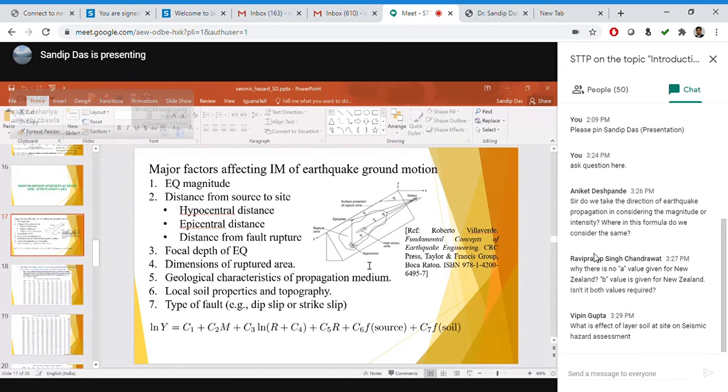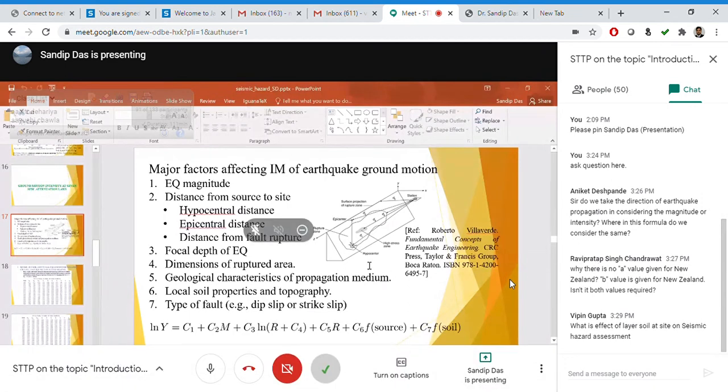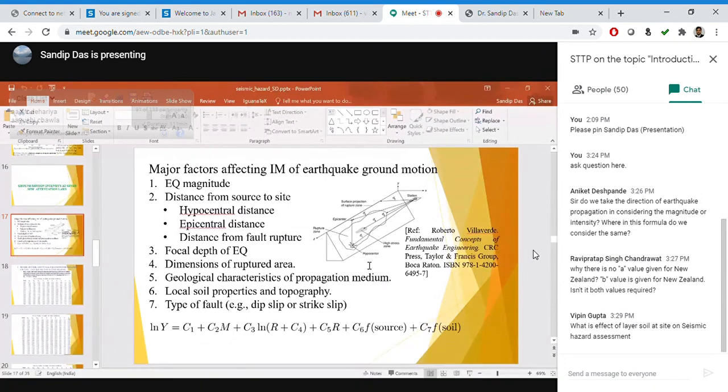So, if your site is seismically much less active, and you will not find a good number of causative events statistically within 400 kilometers in your historical data, then you are not going to get a proper hazard estimation, because we need some numbers to get a stable estimate. Also, getting a region-specific attenuation model is tough, because unless you have records in and around your site, you don't know the path propagation effect, right?